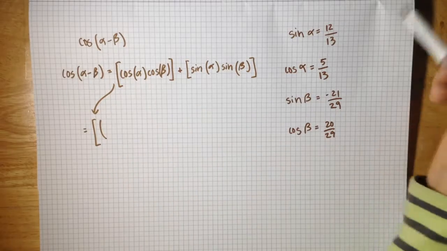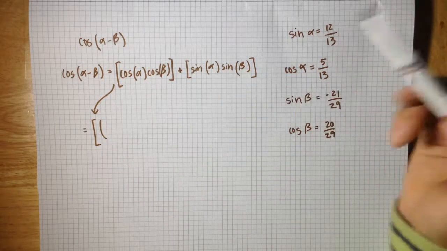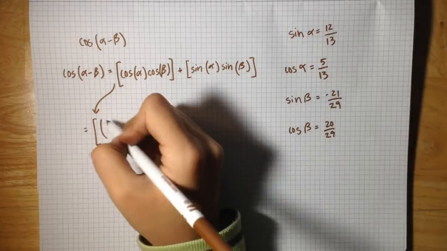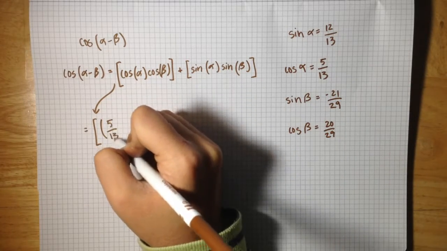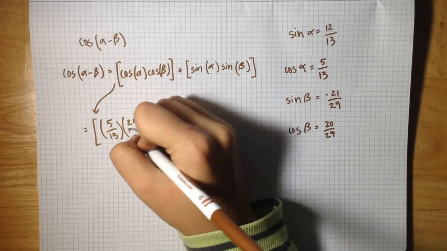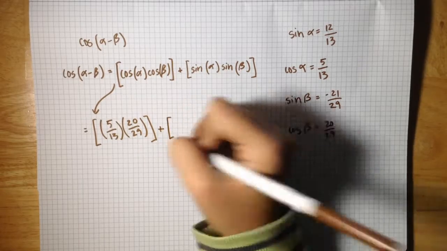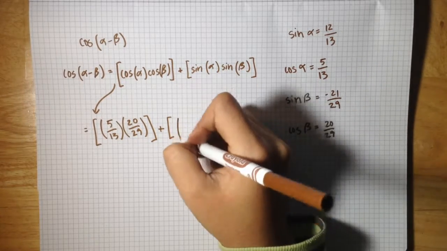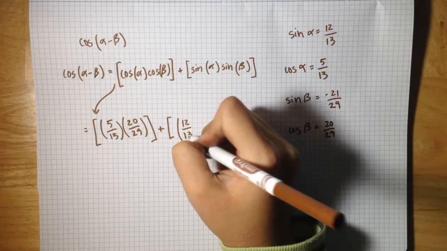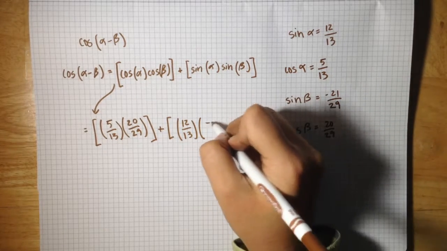I'm going to substitute these values into this equation. Cosine of alpha equals 5 over 13. Cosine of beta equals 20 over 29. Plus sine of alpha equals 12 over 13. Sine of beta equals negative 21 over 29.